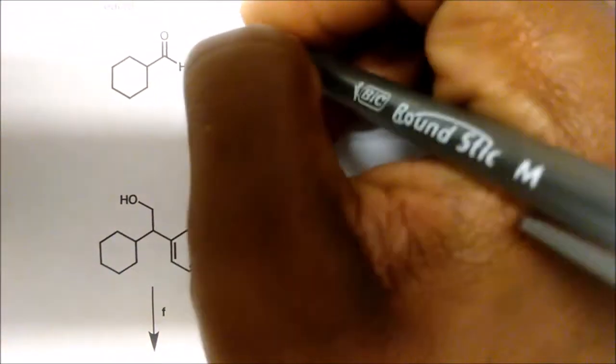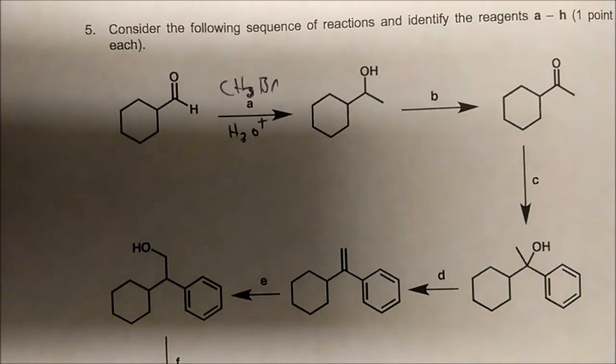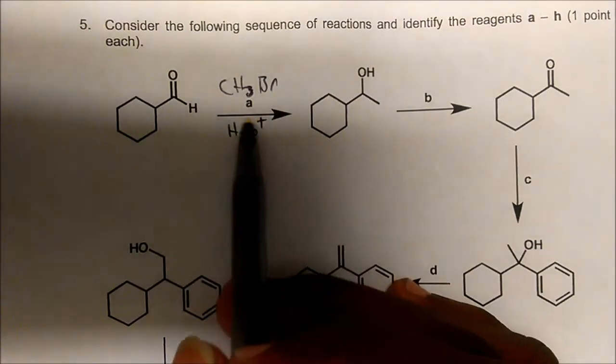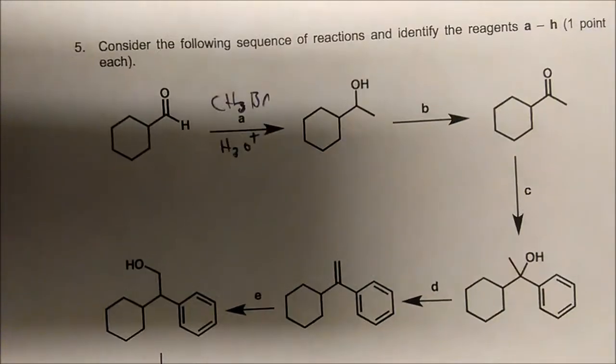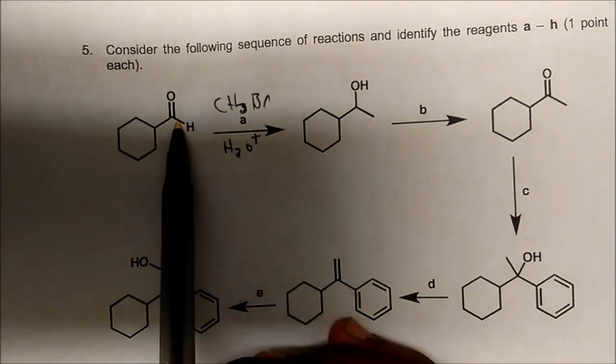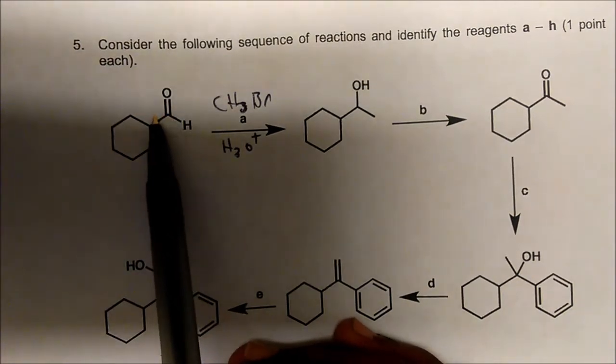So that means I could use methyl bromide in H3O+, some sort of acid. Remember we said in Grignard chemistry, all this does is attack the carbonyl.